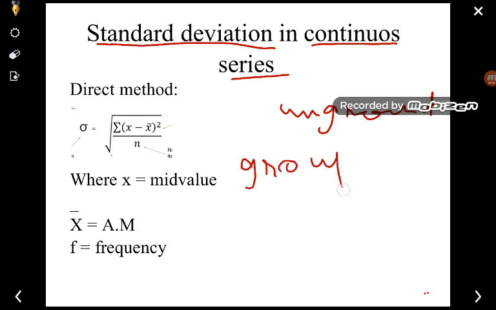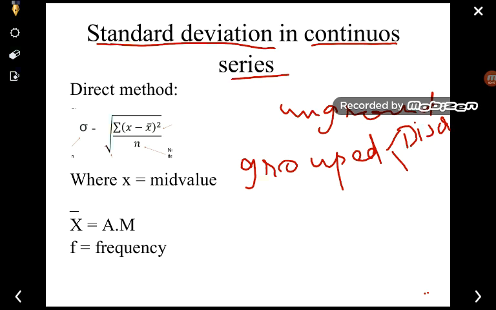In case of grouped data, we have already calculated the discrete series, and also by means of the shortcut method. The next and last topic of the standard deviation is how to calculate it if the data is given in the continuous series.